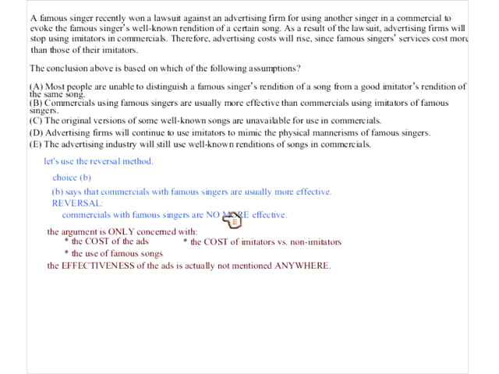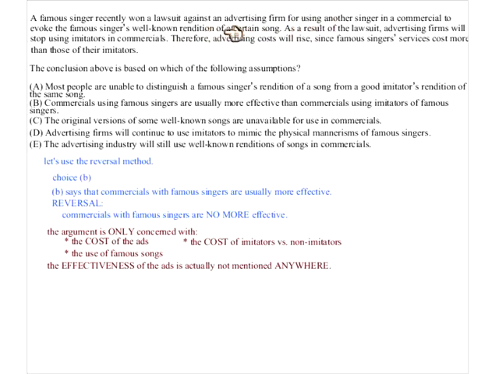If you have something like this where you're completely out of scope, you don't even need to use the reversal method. But if you do, it may make it more clear, because if something is really out of scope, then if you reverse it, it'll still be out of scope. But in this case, the reversal method may simply highlight that fact. The effectiveness of the ads has nothing to do with anything that's here.